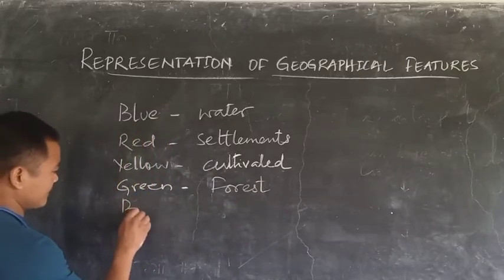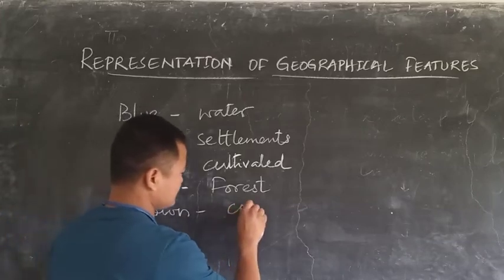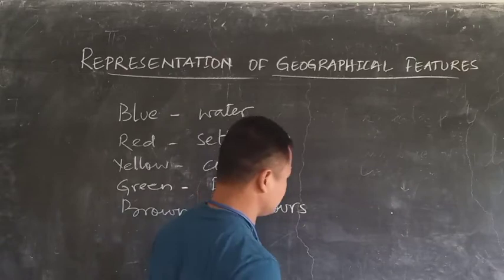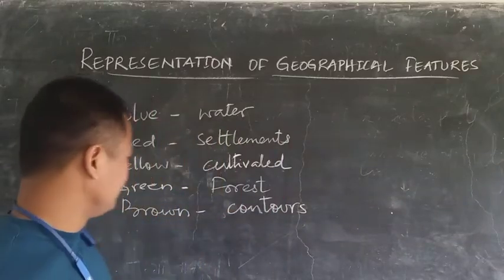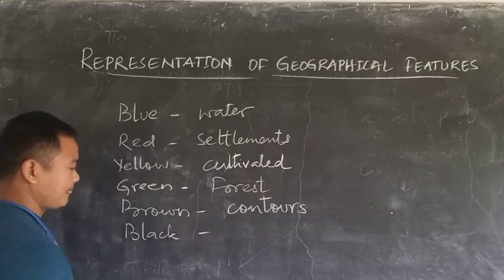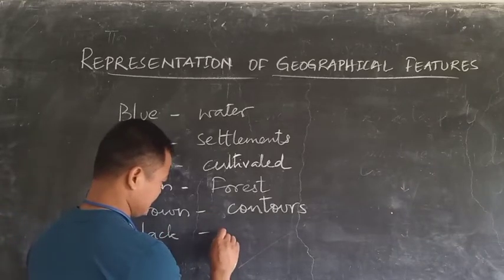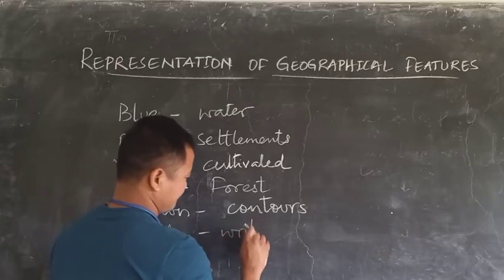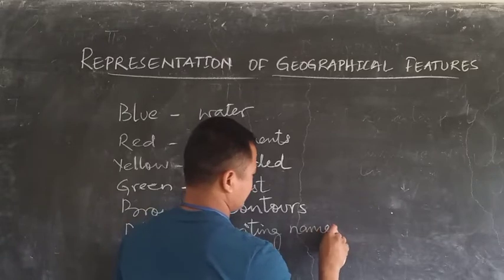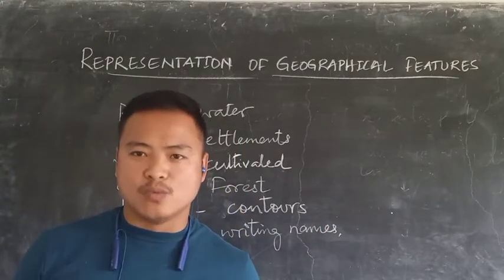Then you have a brown color that represents the contours or the contour lines. And then you have color black. Black is mostly used for writing names. And then you have white.